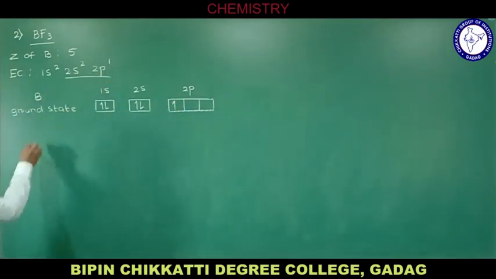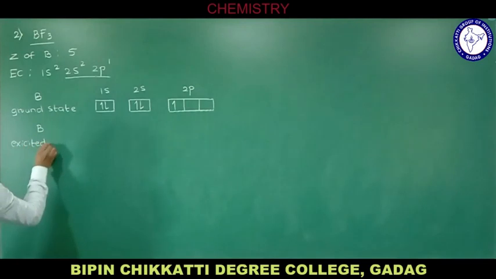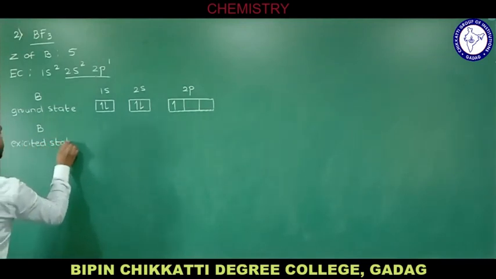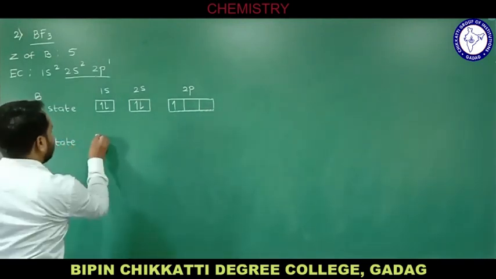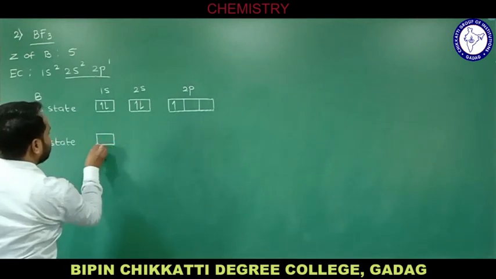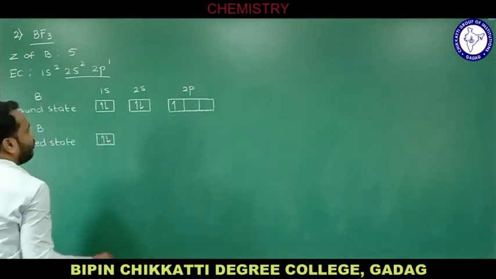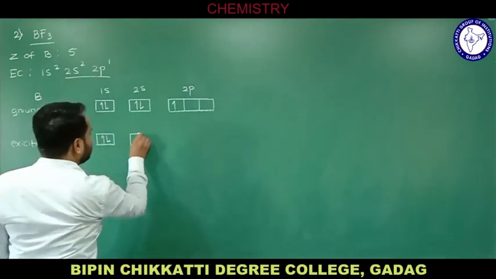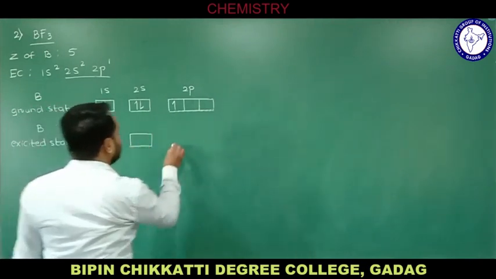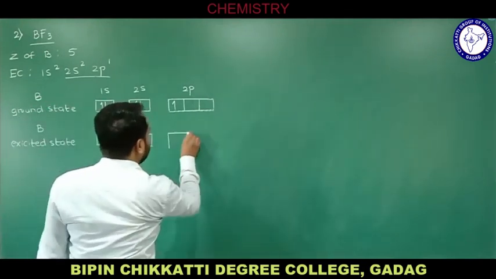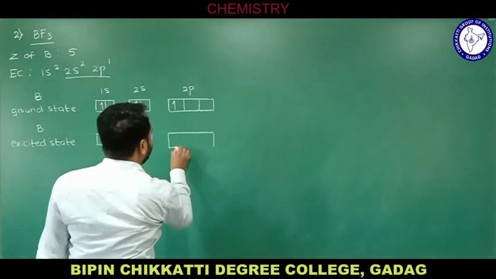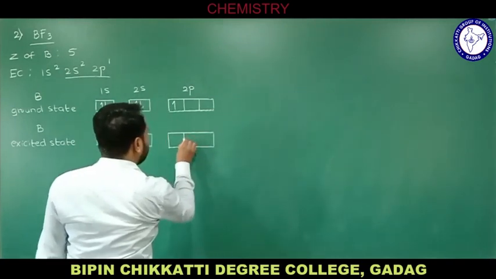Now I consider the boron in excited state. Boron in excited state, this will be the electron which is present in 1s. And what happens in case of excited state, as I mentioned, there will be shifting of electrons from one atomic orbital to another atomic orbital.